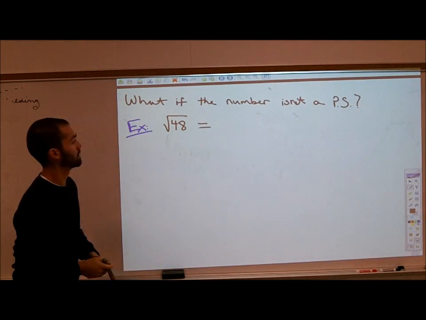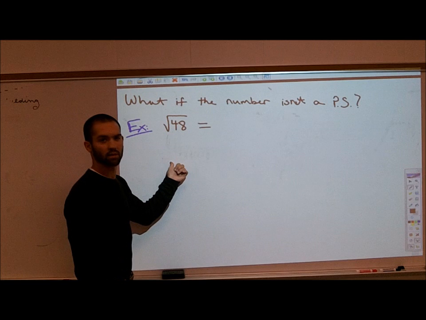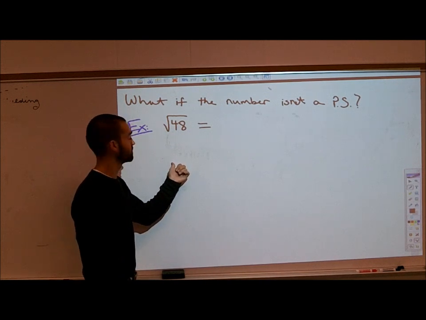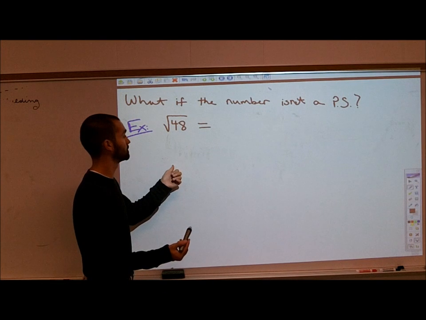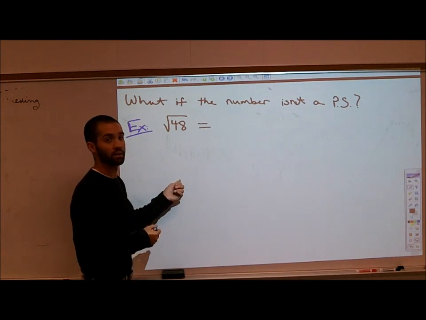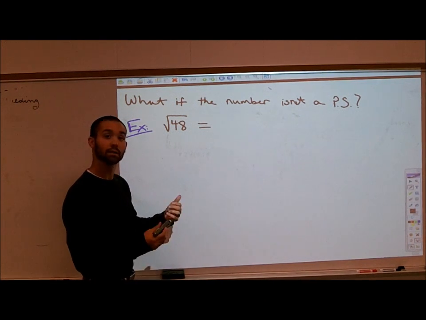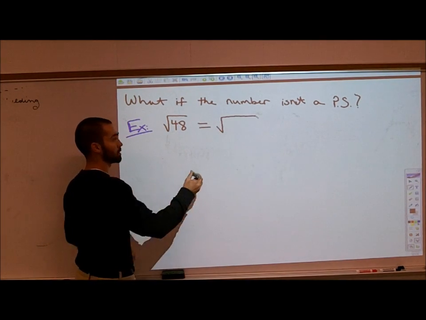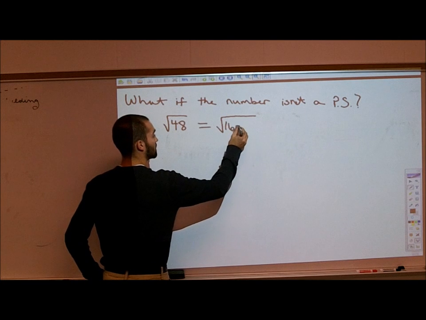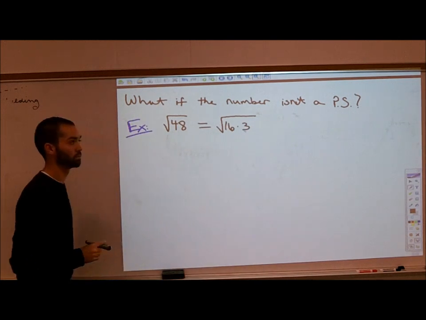Well, can 36 go into 48 evenly? No. If I move down, it would be 25. Can 25 go in evenly? No. I have to go to 16. Can 16 go in evenly? Yes. The square root of 48 is equal to the square root of 16 times 3.